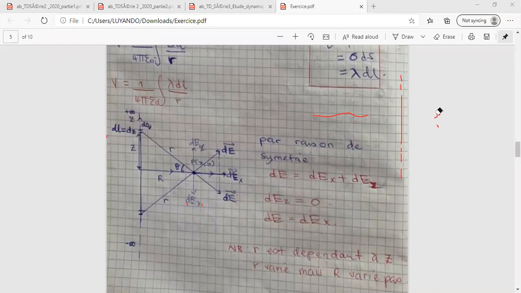I'll explain why we're saying it's in the XY plane. This is my r. This is the point at which I'm trying to calculate my potential. Let me just make it a bit bigger.